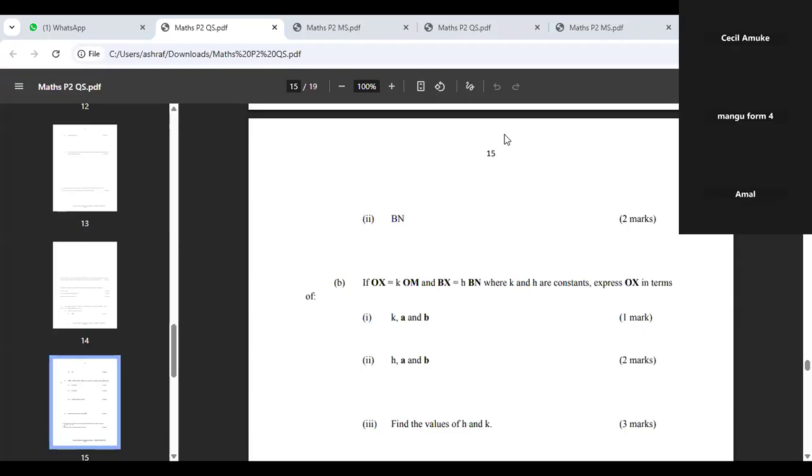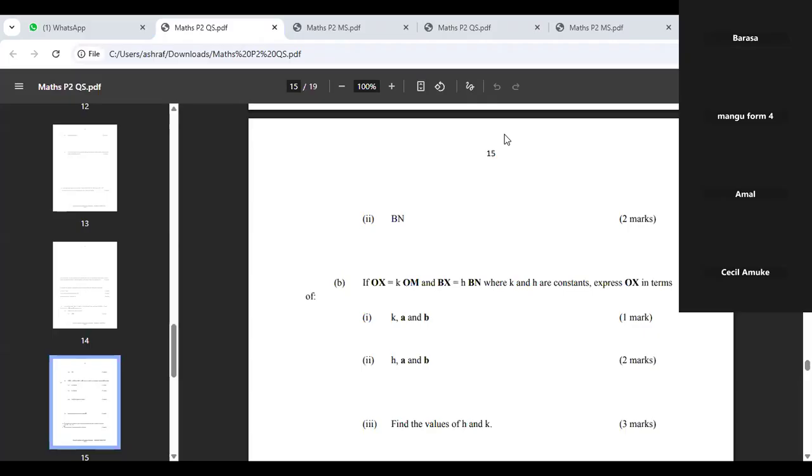We have OX. You have to pass through BX. Where is OX? Just a minute, let me see. X is supposed to be where?